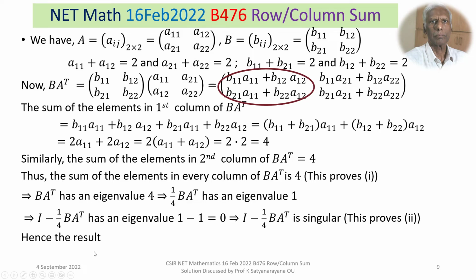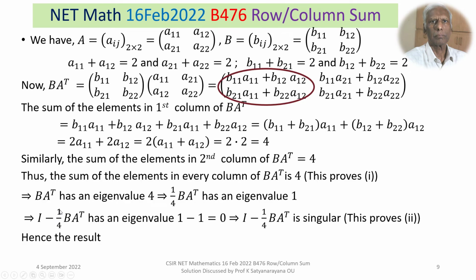So hence the result. That means if the row sum is 2 and the column sum is 2, then the column sum of BA transpose is 4, and BA transpose will have an eigenvalue 4, and 1/4 of BA transpose has an eigenvalue 1.